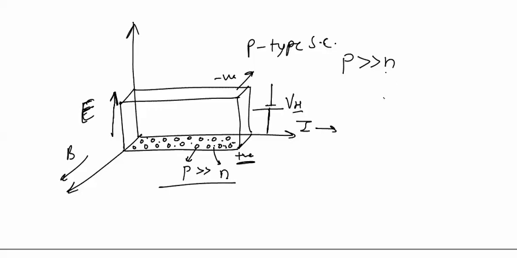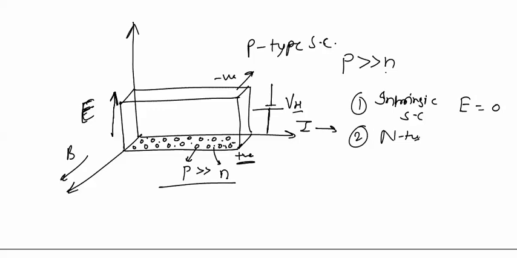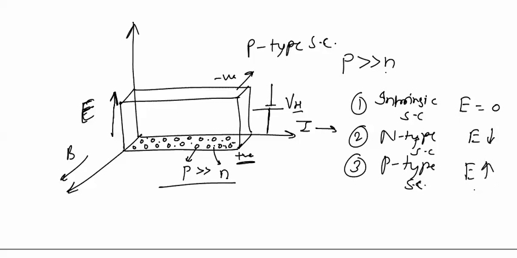So for intrinsic semiconductor E equals 0. For n-type semiconductor, E directs in the downward direction, and number 3, for p-type semiconductor, E has direction upward.